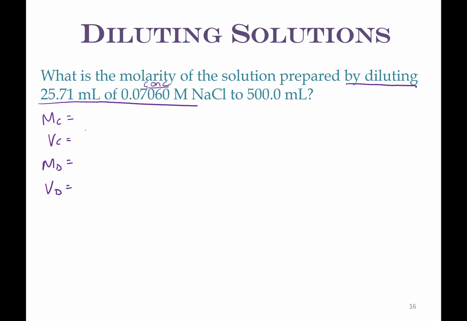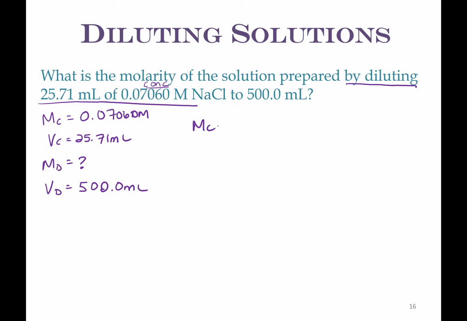So what is the molarity of a dilute solution? So we're talking about diluting. So we're looking for the molarity of a dilute solution. We're taking 25.71 milliliters of the concentrate, and that has a molarity of 0.07060. And we're going to bring that up to 500 milliliters.